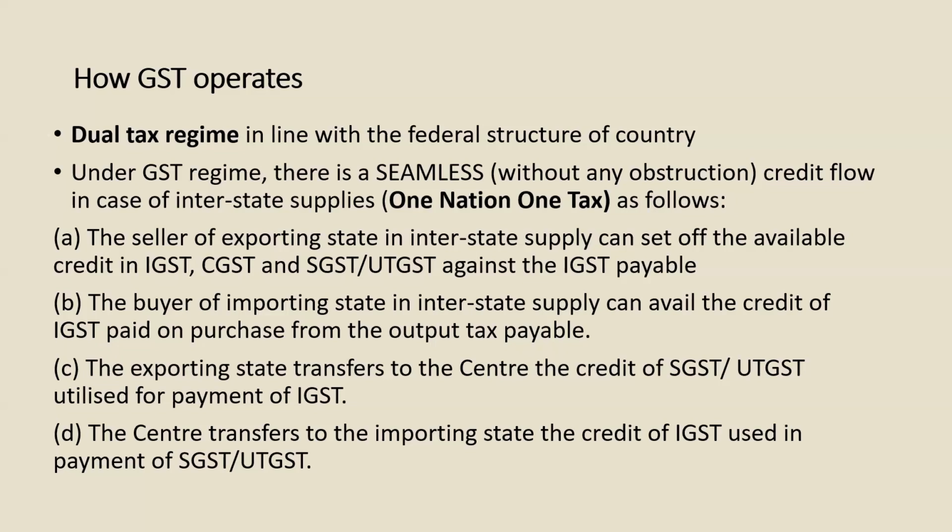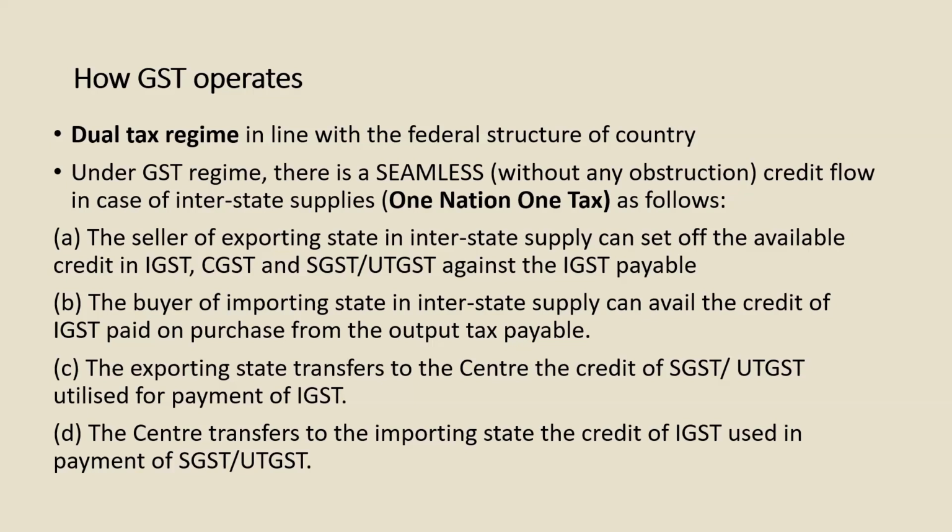I hope you understand what I'm trying to say. And therefore, both the buyer and the seller have the benefit of setting off the input that they have against the output and pay the net tax that has to be paid. This needs to be understood.